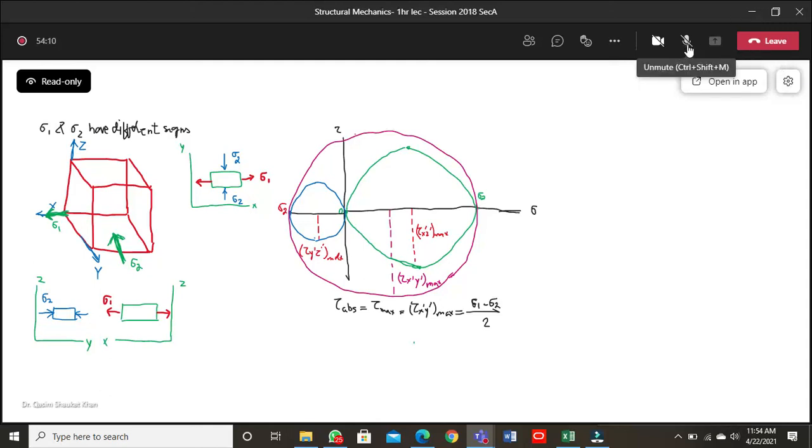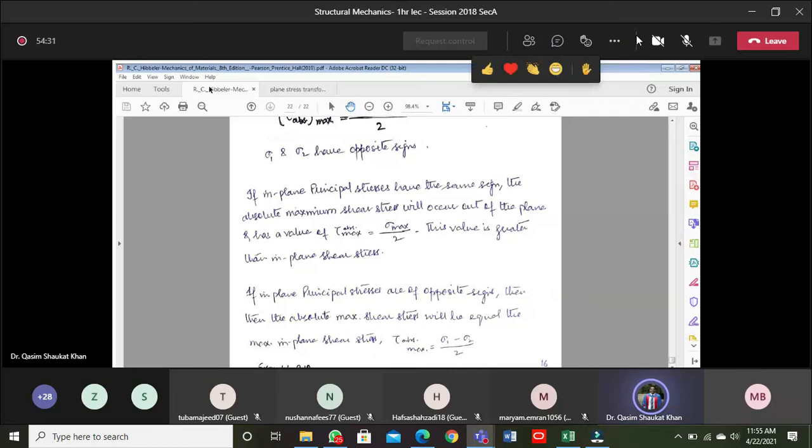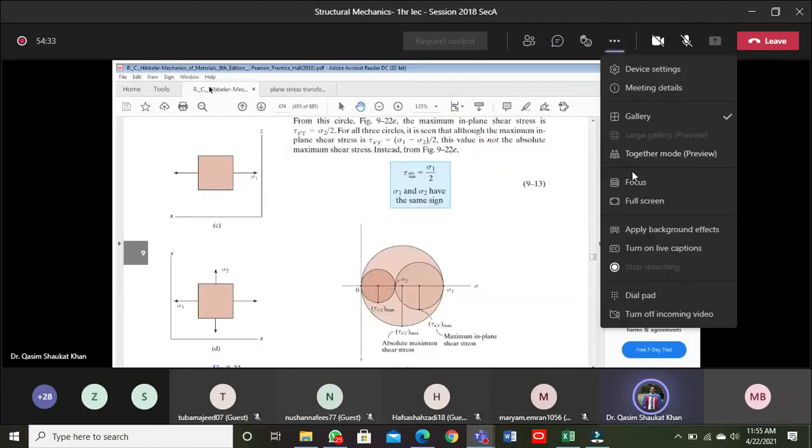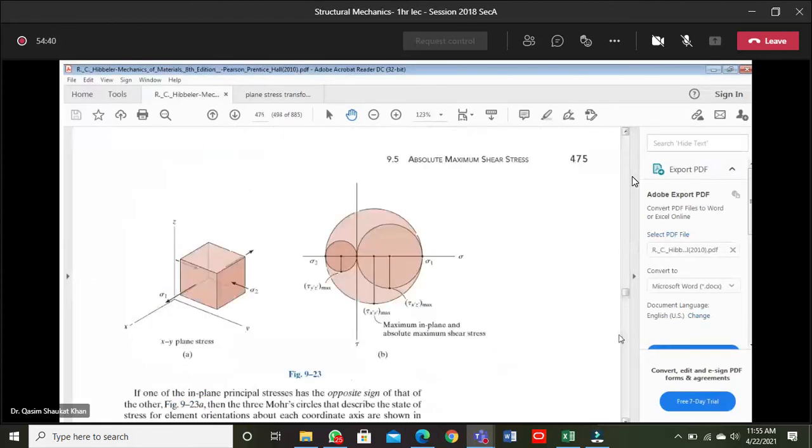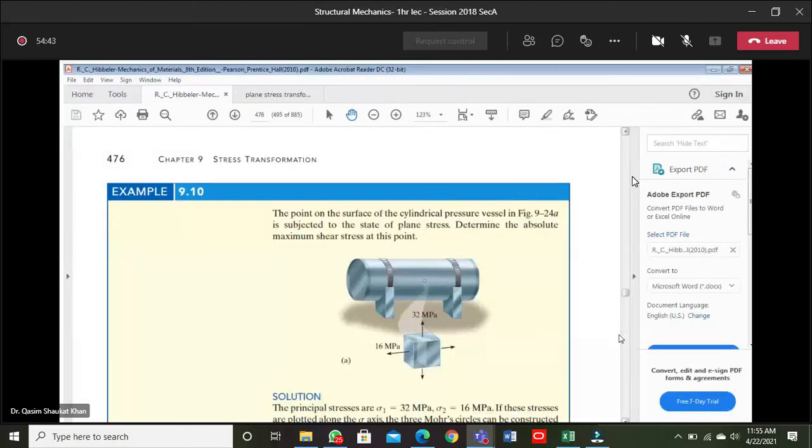Let me export this. Now we are going to quickly do a numerical related to this. Example 9-10.